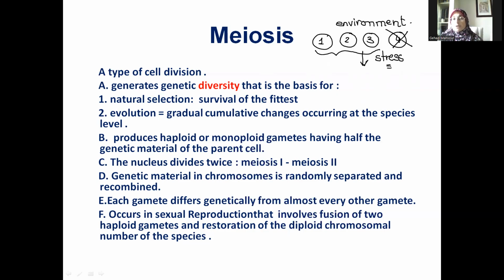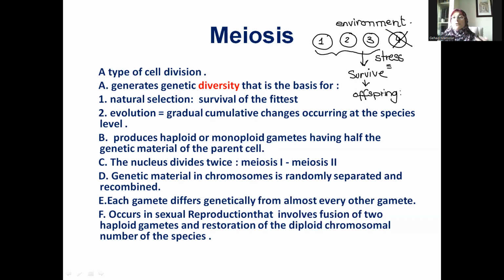Therefore, all organisms of type 4 will die and pass away. If they are not able to survive, then they will not be able to reproduce. Whereas the organisms of the first three categories will survive, and since they survive, they will reproduce and have viable offspring, and they will stay representing their variety.